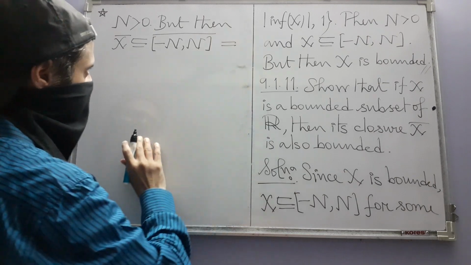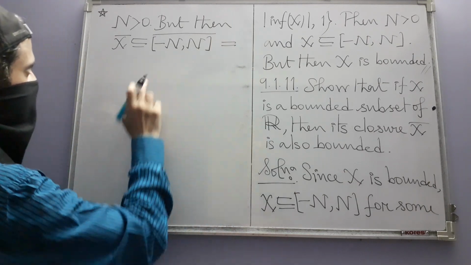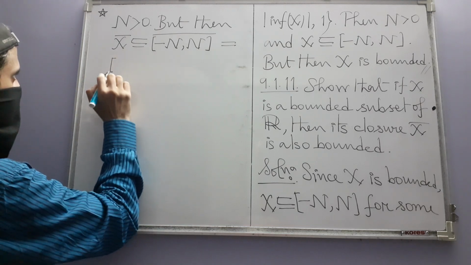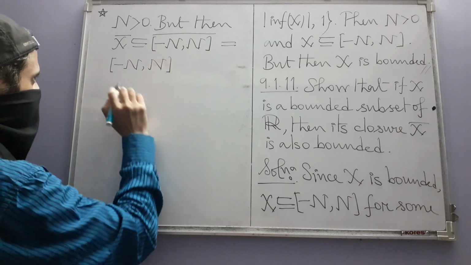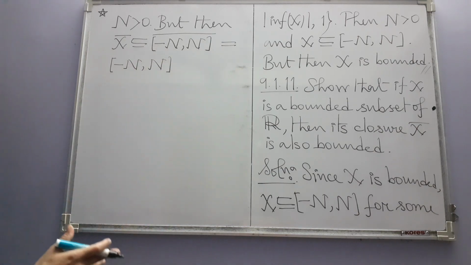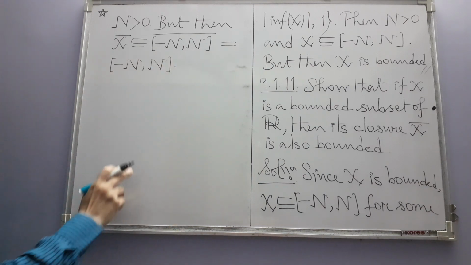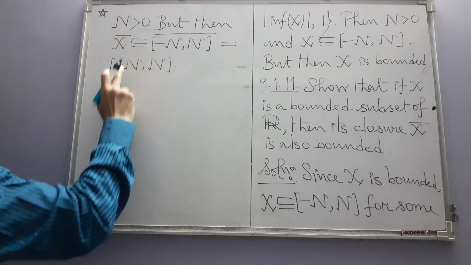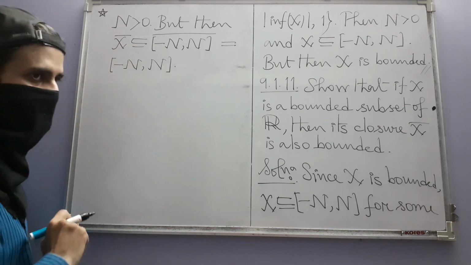But one of the results we already saw in this section says that the closure of the closed interval is the closed interval itself. In other words, any such closed interval is a closed set. But that's it. Then again, by definition, this is also bounded because the closure itself is now a subset of one such interval.